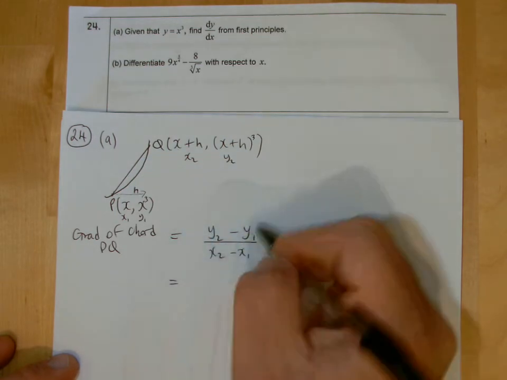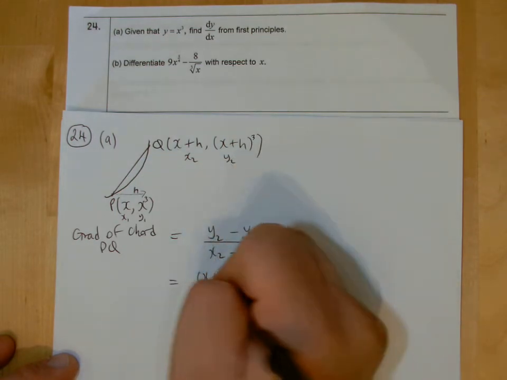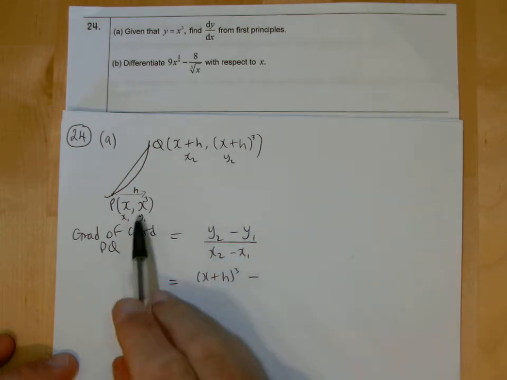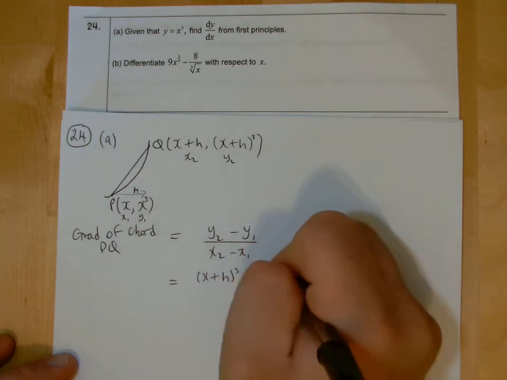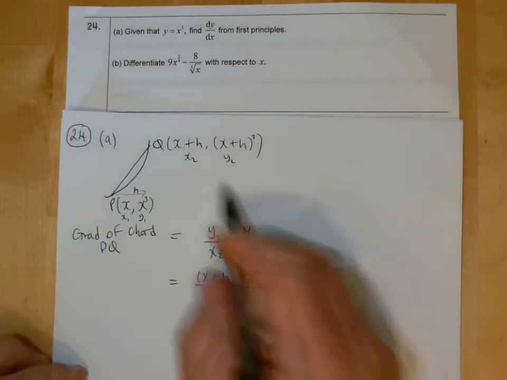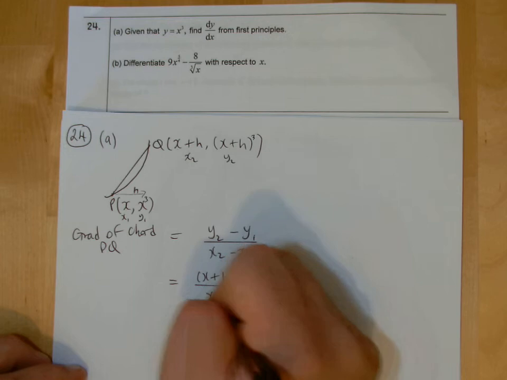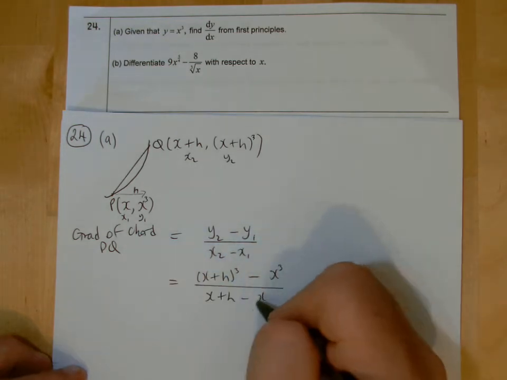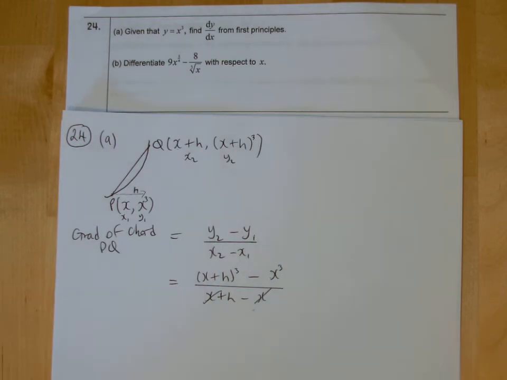So you get y2, which is x plus h all cubed. Take away then my y1, which is x cubed. And then on the bottom, we'll have my x2, which is x plus h. Take away my x1 then, which is just x. So you know then that will always cancel and you just get h on the bottom.